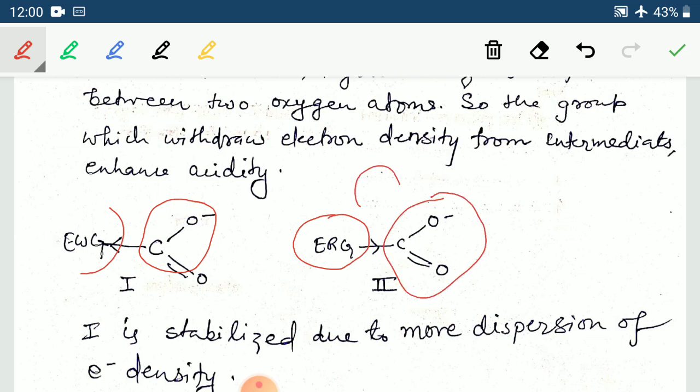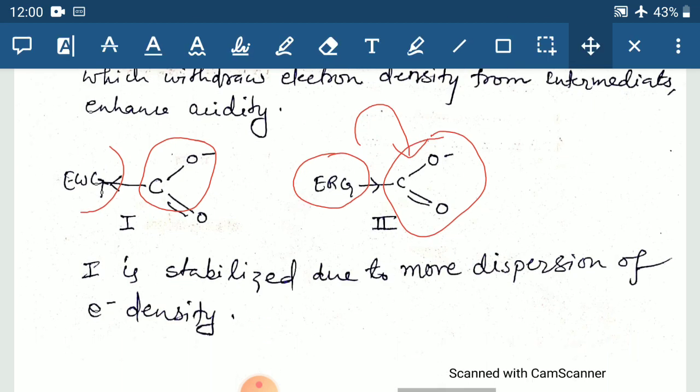If further electron density is released from this group, then this intermediate will be destabilized. As a result, the reaction will not favor the forward direction but the backward, so there will be less acidity. So we can say that a group which stabilizes through more dispersion of electron density will enhance its acidity.